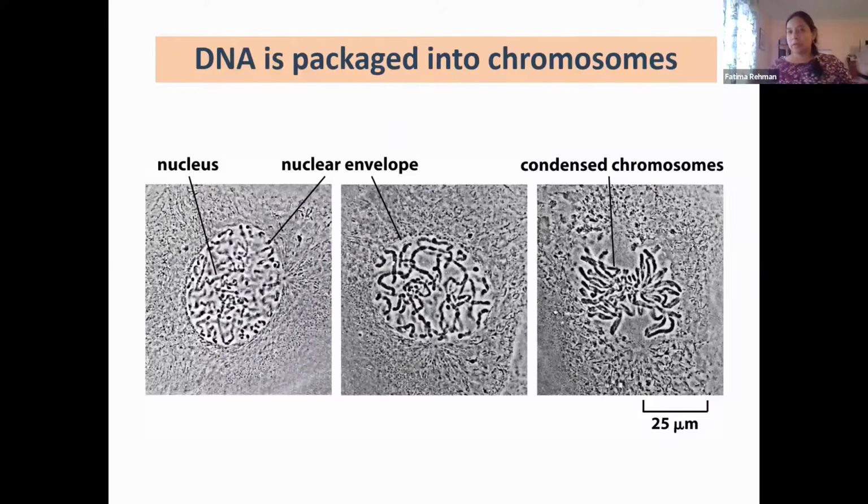It's kind of like those pop-up tunnels that you buy for kids, and then you can never put them back where they came from, because once they're out, it fills up. Except chromosomes know how to do it. They can recondense and go back in and come back out as needed.